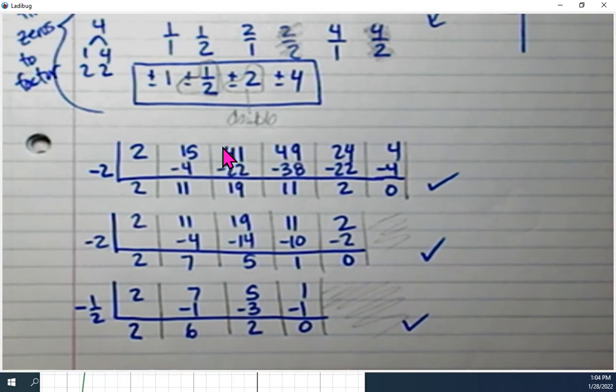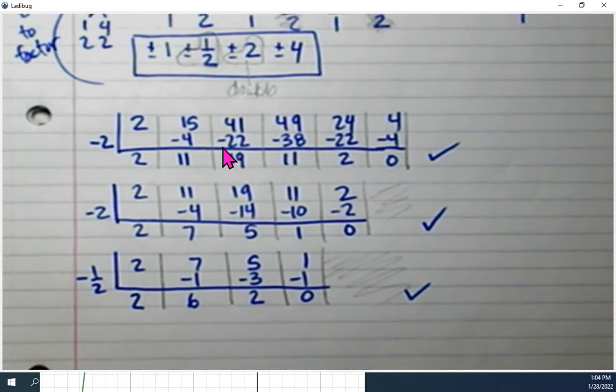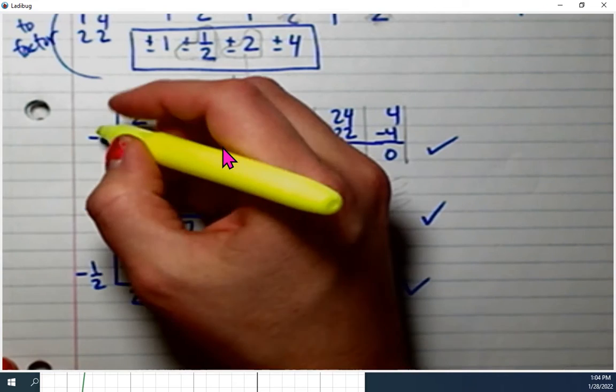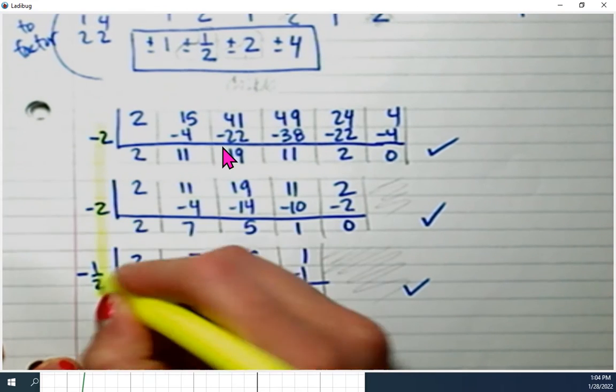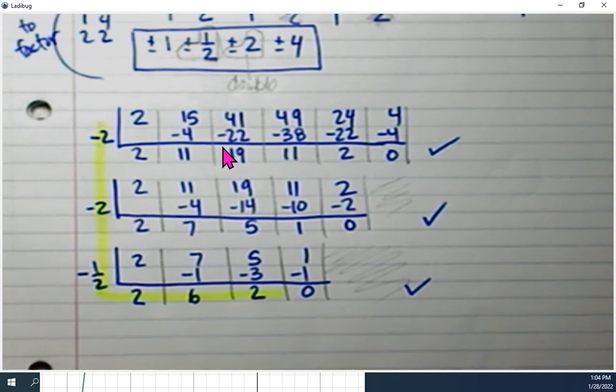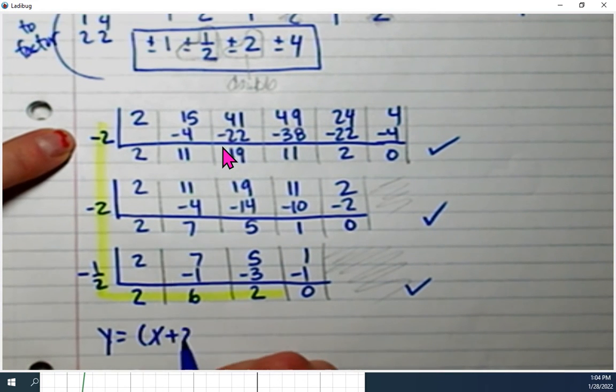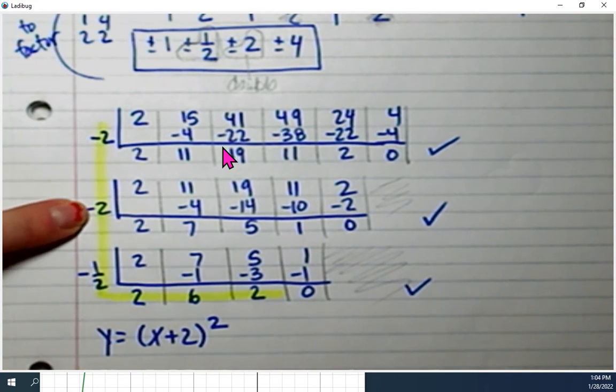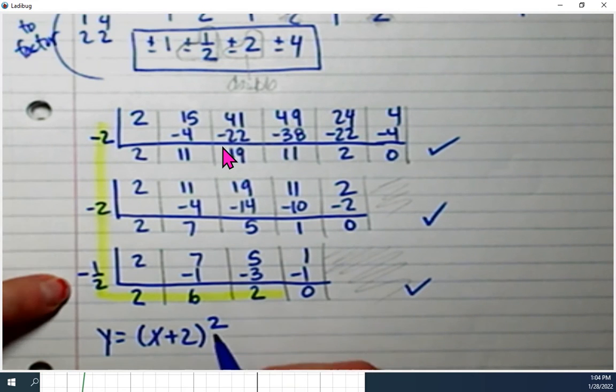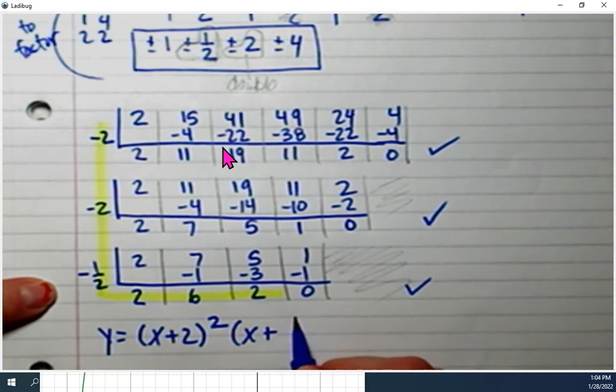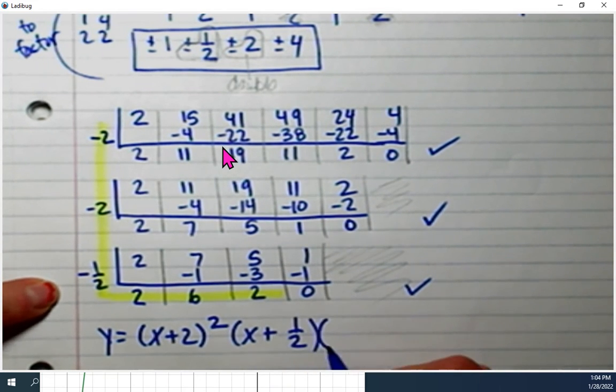All right. Look at all that fancy factoring you did. All right, so y equals x plus 2 squared, because it's a multiplicity of 2, x plus 1/2.